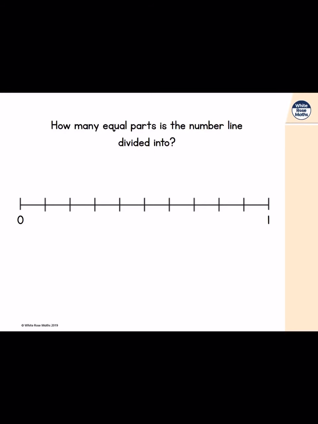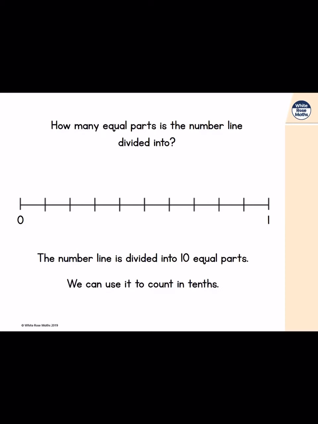Let's look at number lines again. How many equal parts is the number line divided into? You probably don't need to count them. Yes, the number line is divided into 10 equal parts. That's what we've been working with throughout the lesson. This time when we count up, we're going to count up in decimals. Remember, decimals are another way to represent tenths.